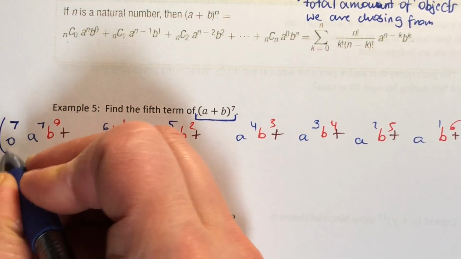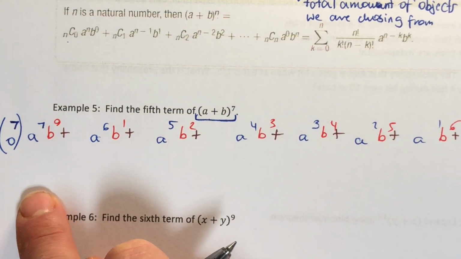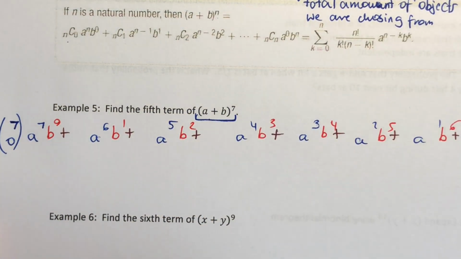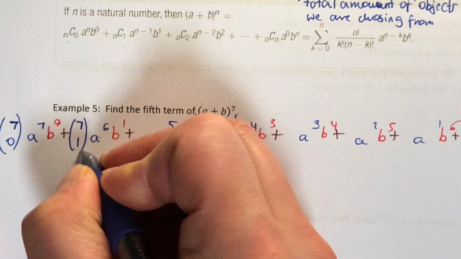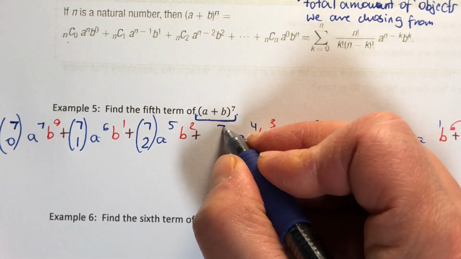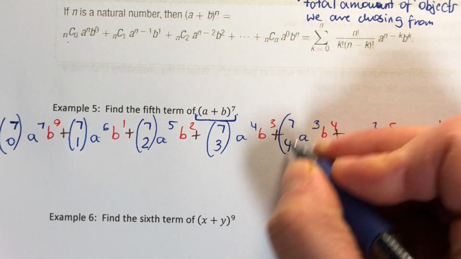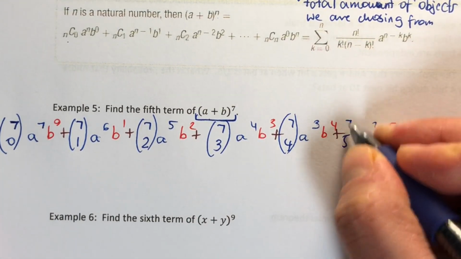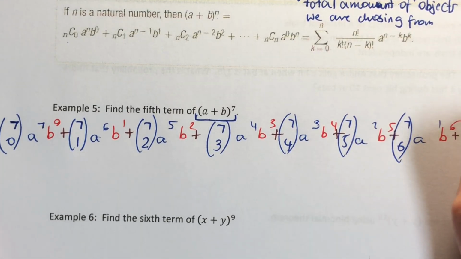And the first one is always the 0, right? Because we know to start with the 0, our k is 0, or r, we are taking the 0 objects first. Then I will have 7, 1; 7, 2; 7, 3; 7, 4; 7, 5; 7, 6; 7, 7, right?